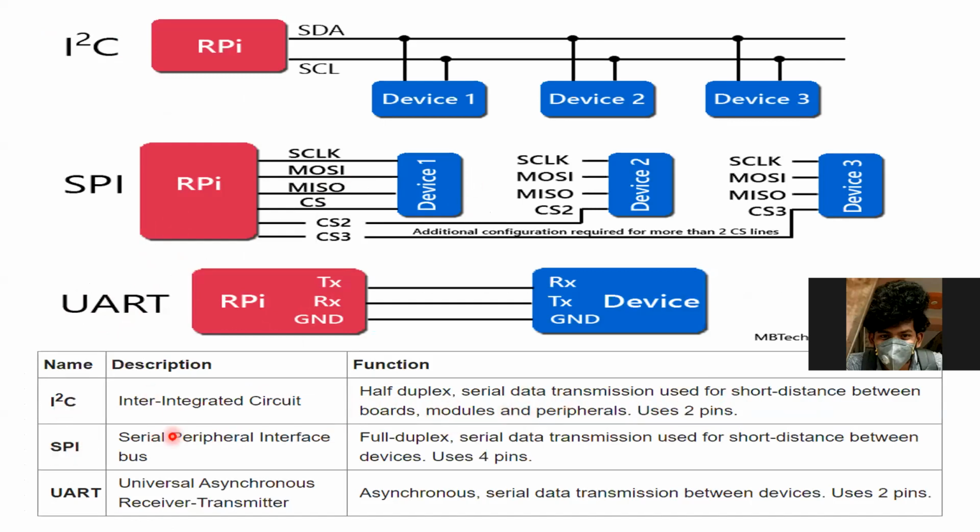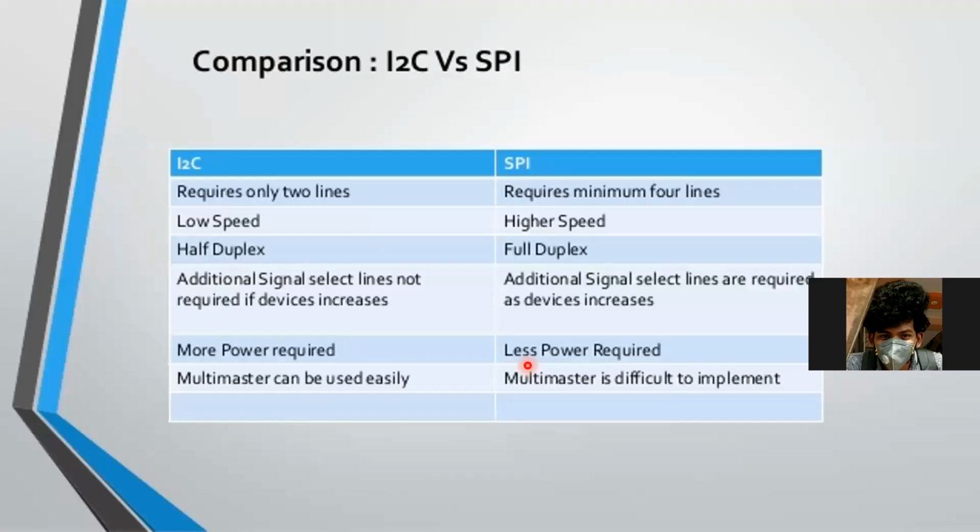But SPI is full duplex serial data transmission used for short distance and uses four pins: serial clock, master out slave in, master in slave out, and chip select. UART also has only two lines, one for transmission and another for receiving, and we also connect the ground pin. This difference I have already shown.